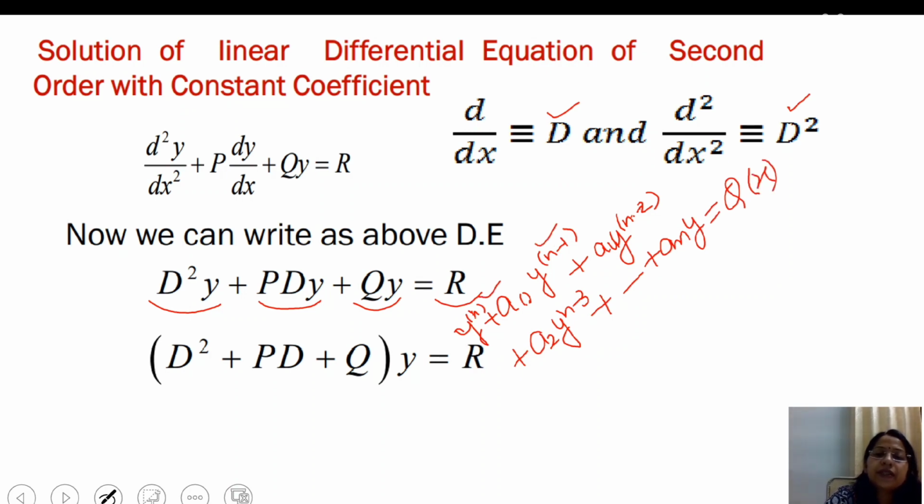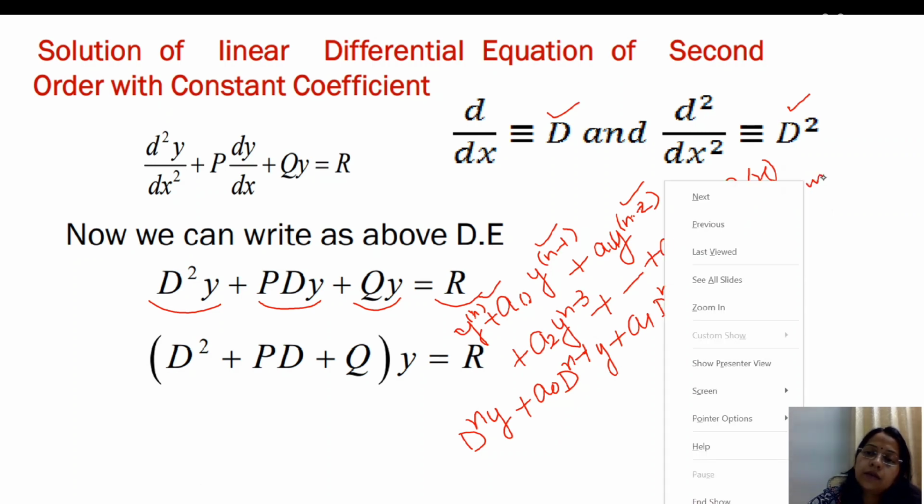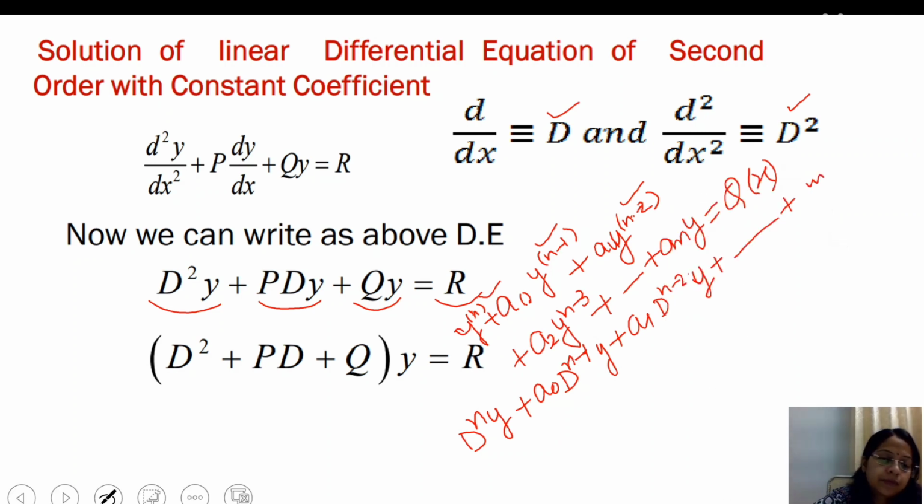So all these derivatives can be represented in terms of D, the differential operator. So I can write this as D^n y plus a0 D^(n-1) y plus a1 D^(n-2) y plus and so on, a_n y is equal to q(x).